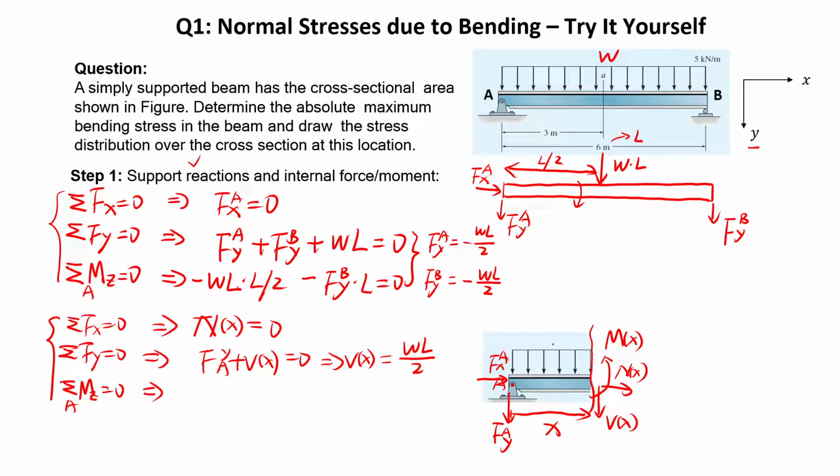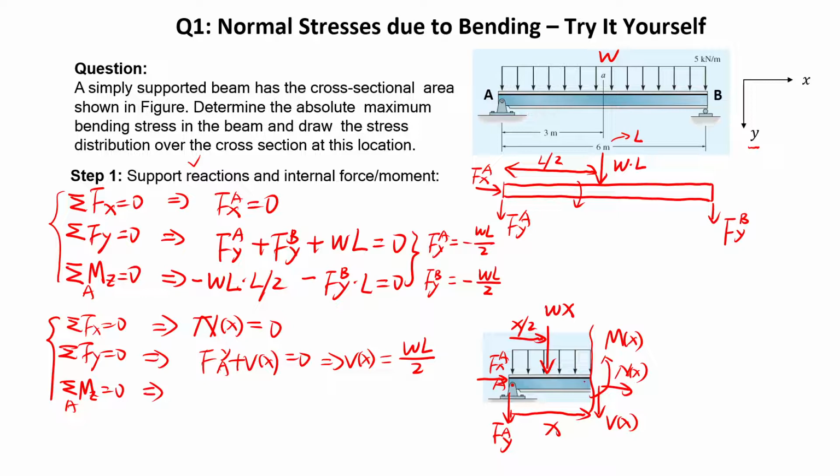So for this case, this distributed load you still need to consider, and you still need to simplify it. So now I'm simplifying the distributed load by a concentrated load with Wx as the magnitude and half x as the distance.